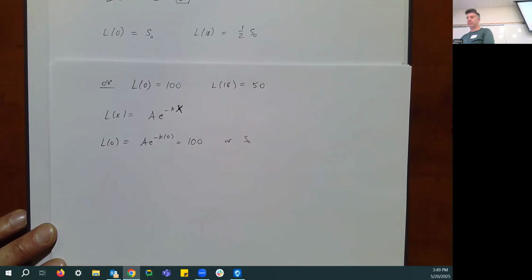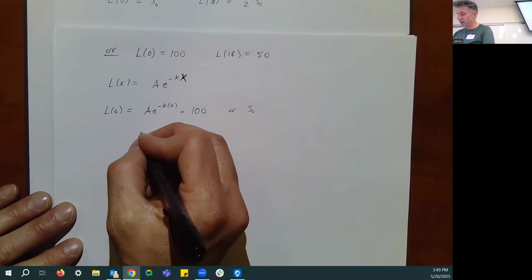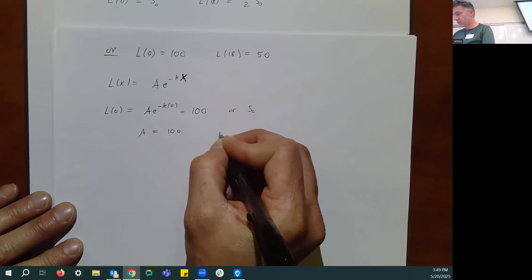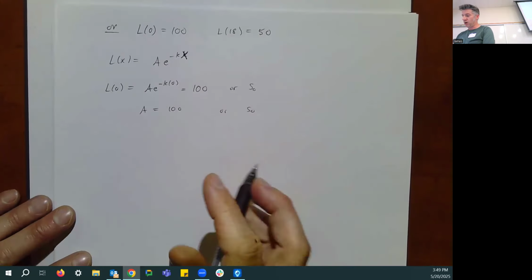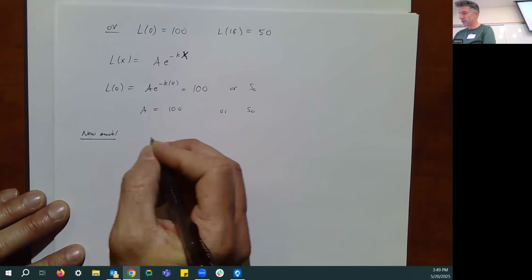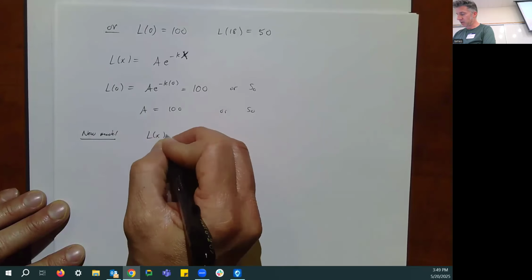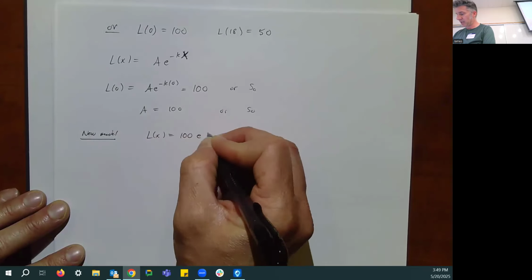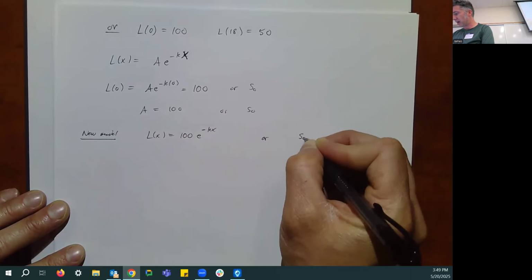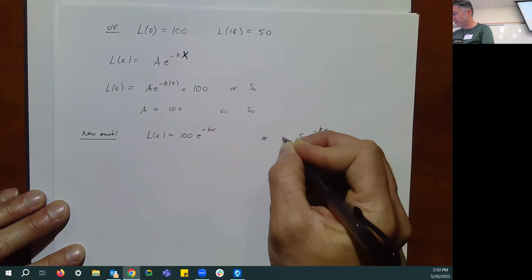I'll do both. And that means that my a times 1 is 100, or S naught. So now my refined model is that L of x equals 100 e to the negative kx, or if you prefer this other way, S naught e to the negative kx.